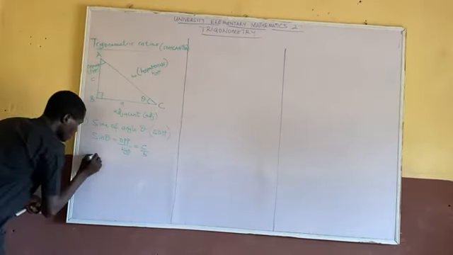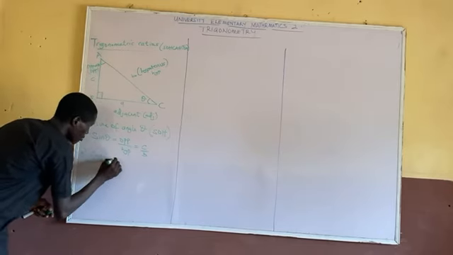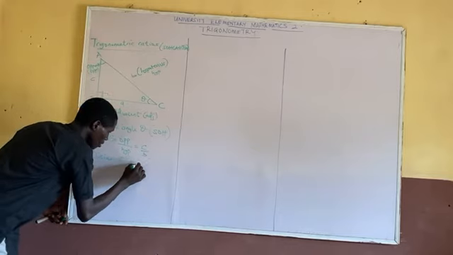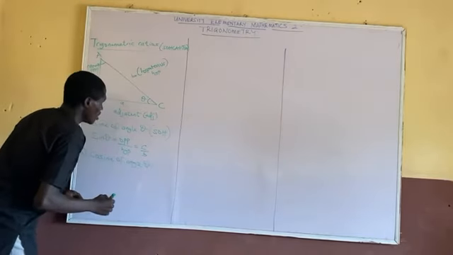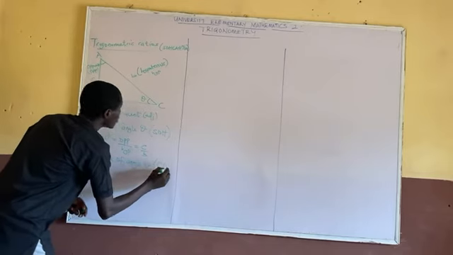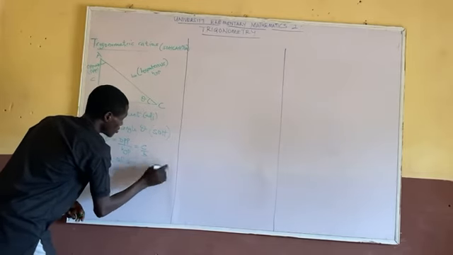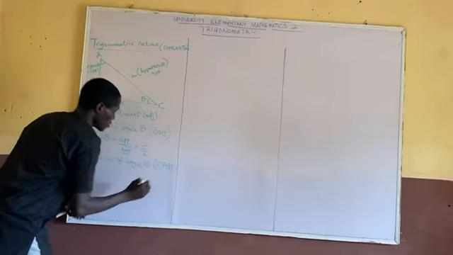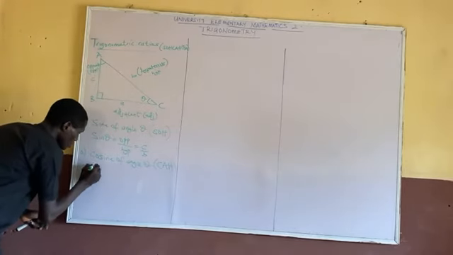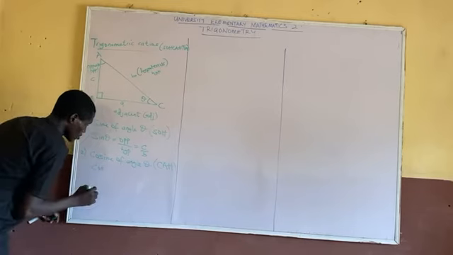Now let's move to the next one, which is the cosine. The cosine of theta is known as cos theta.